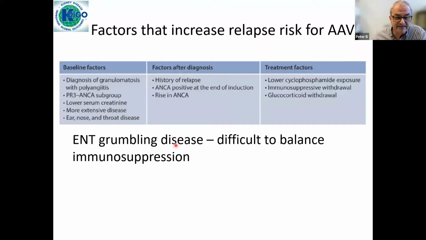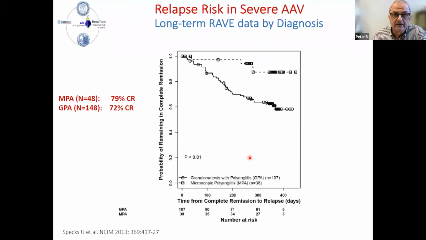The grumbling disease is difficult to balance, with ENT symptoms continuously, how to balance immunosuppression. And this is the difference in relapse risk between MPA and GPA in one study over 1 year only. So these are somewhat old protocols, so maybe not relevant for today, but higher risk with GPA.